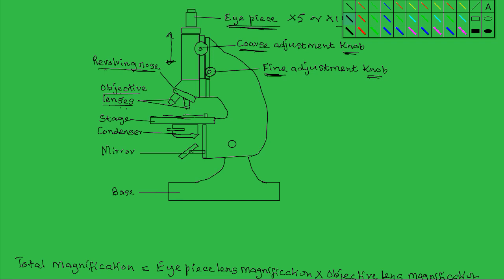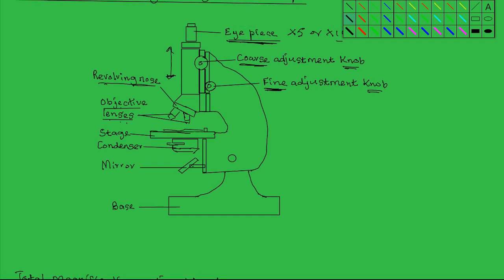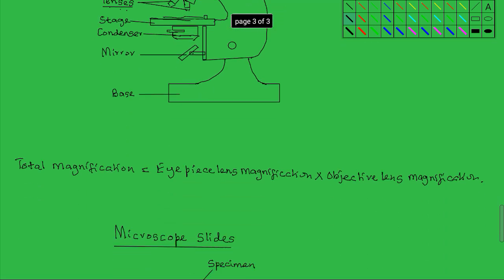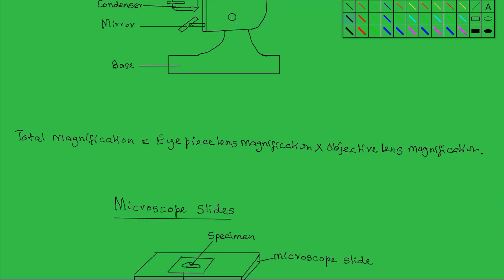So to calculate the total magnification, it will be necessary to multiply the magnifications of the two lenses, and this is obtained from this formula. You multiply the eyepiece lens magnification times the objective lens magnification.